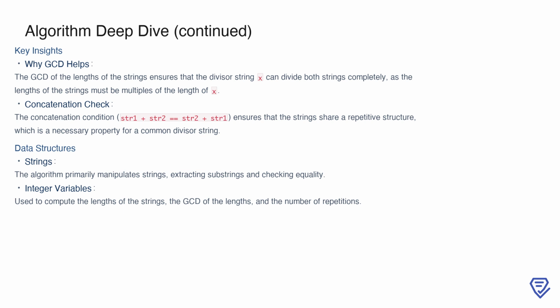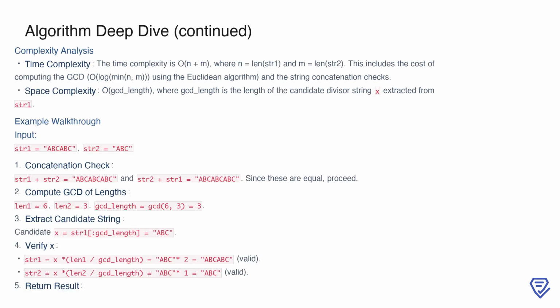The algorithm primarily involves string manipulations, such as extracting substrings and testing for equality, along with integer calculations to determine string lengths and compute the GCD. Together, these steps ensure that we can efficiently identify the greatest common divisor string, if one exists. Analyzing the complexity of this algorithm, the time complexity is O(n + m), where n and m are the lengths of str1 and str2, respectively.